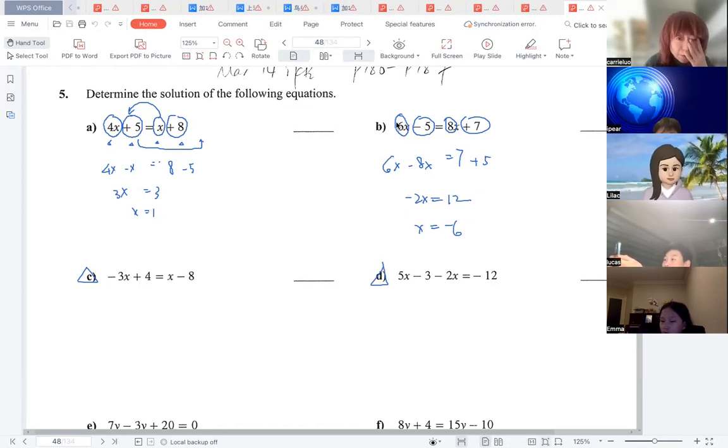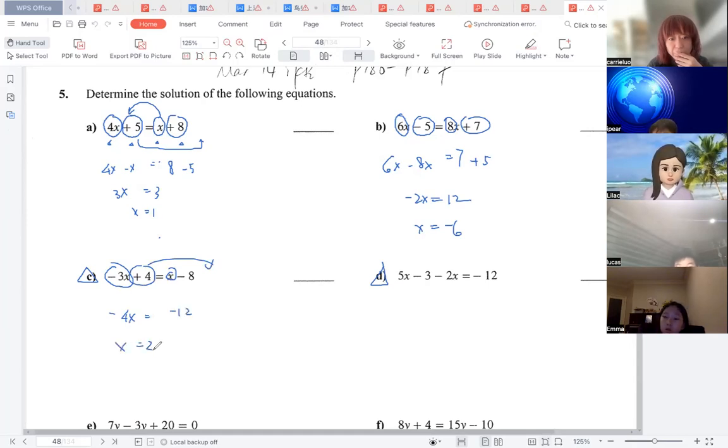Okay, so I have received some answers. Not bad. Okay, good job. The first one, the circle, moving together, negative 4x equals positive 4, over there it will be negative 12. So x equals 3. No problem.